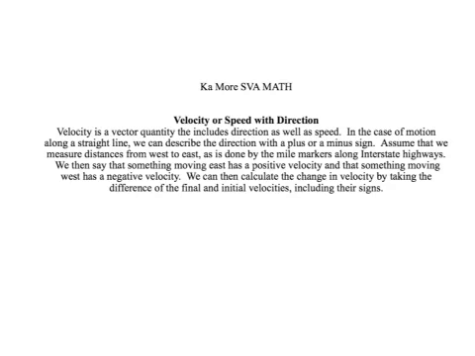Assume that we measure distances from west to east, as is done by the mile markers along the interstate highways. We then say that something moving east has a positive velocity and something moving west has a negative velocity. We can calculate the change in velocity by taking the difference of the final and initial velocities, including their signs.